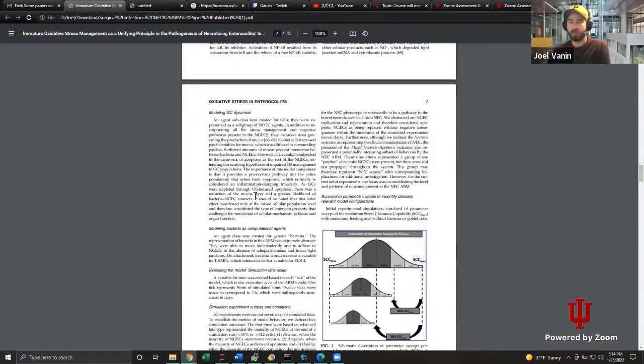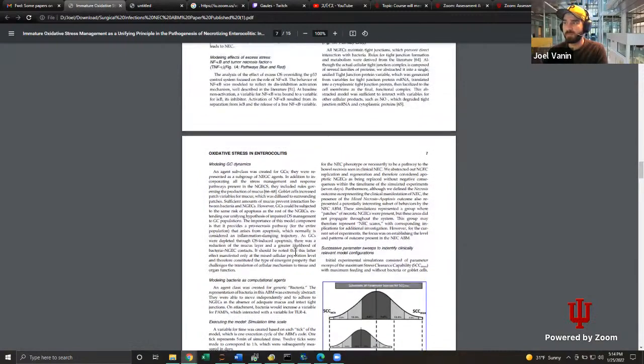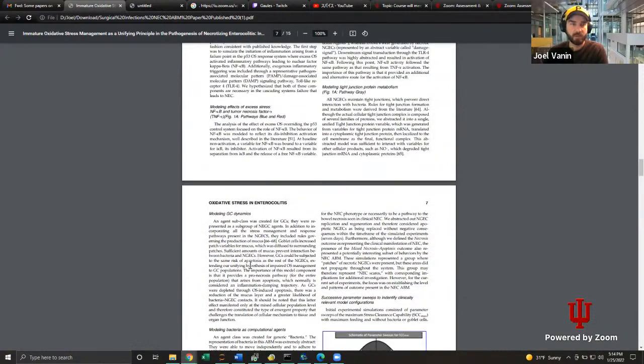If you want, I can talk a little bit about this very quickly. I mentioned in the past, in the first week, that this paper is basically trying to explain how necrosis is initiated in this specific disease. They had a hypothesis that there was some product that was not getting cleaned by the cells in a reasonable time, and that was initiating the necrosis. But as their models show, there are more things involved than just the cleaning of OS.